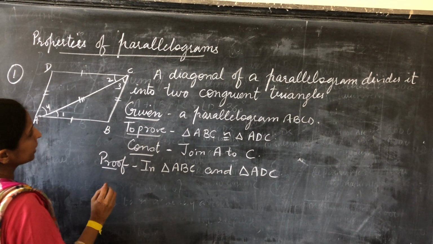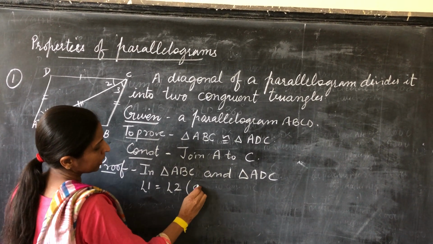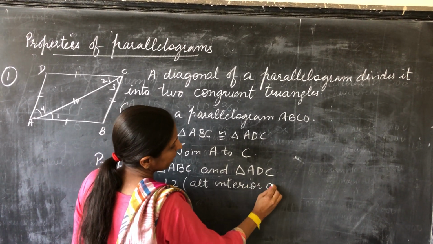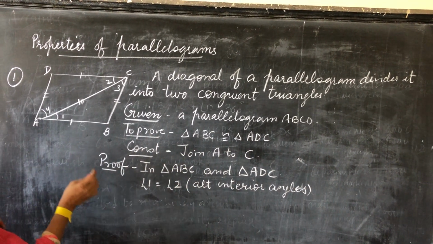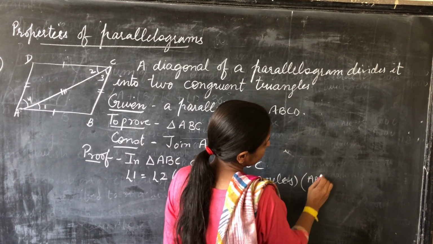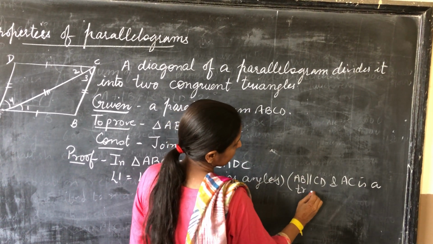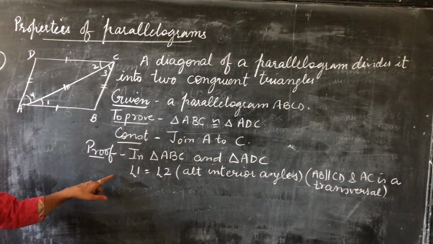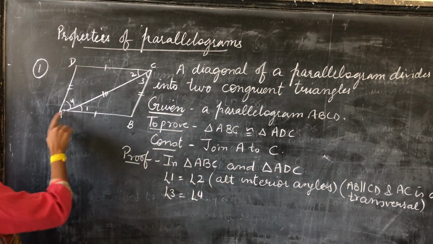So in triangle ABC and ADC, angle 1 and angle 2 are equal. Why? Because they are alternate interior angles. How alternate interior angles? Because AB is parallel to CD and AC is a transversal. Similarly, angle 3 and angle 4.